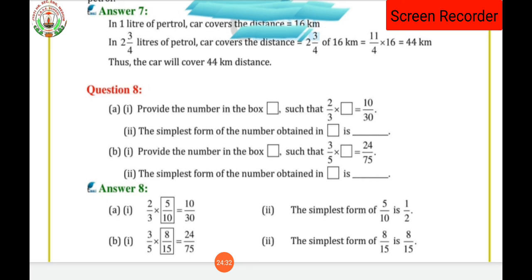Then in the same way for the B part, 3/5 will be multiplied by which number to get the answer 24/75? So that number is 8/15 and the simplest form of 8/15 will be 8/15 itself because the numerator and denominator will not get divisible. That's why.